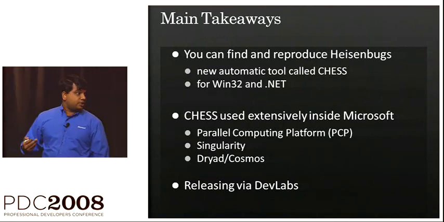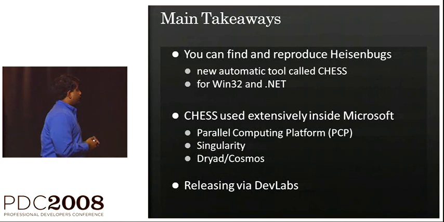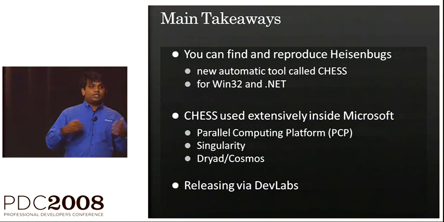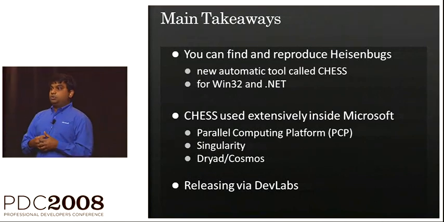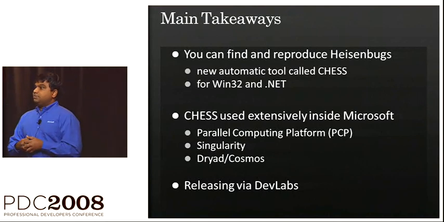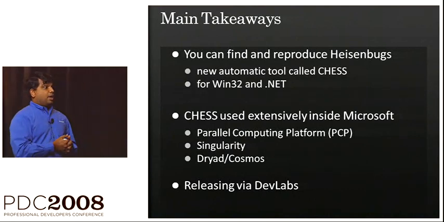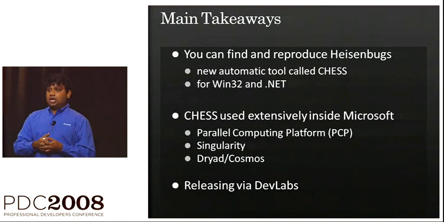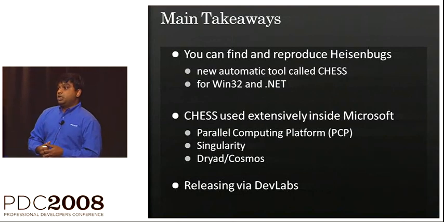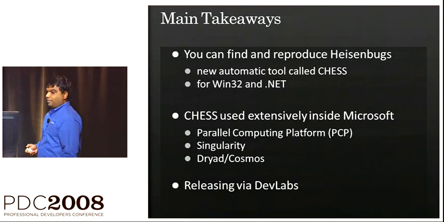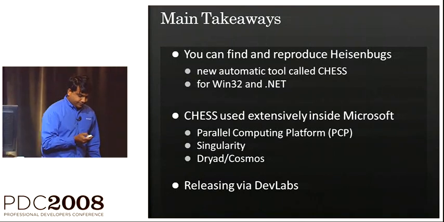They have been using Chess, and also products like Dryad and Cosmos. So just to give you an idea about the maturity of the tool, we have several product teams using Chess, and this is the first time we'll be announcing Chess to our external customers. So you'll get more information about this in this talk.